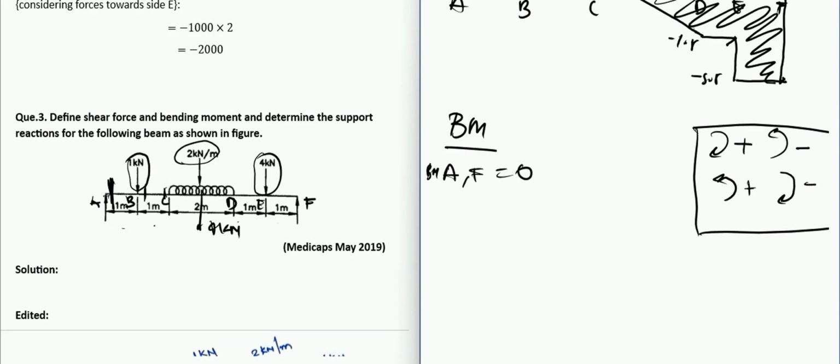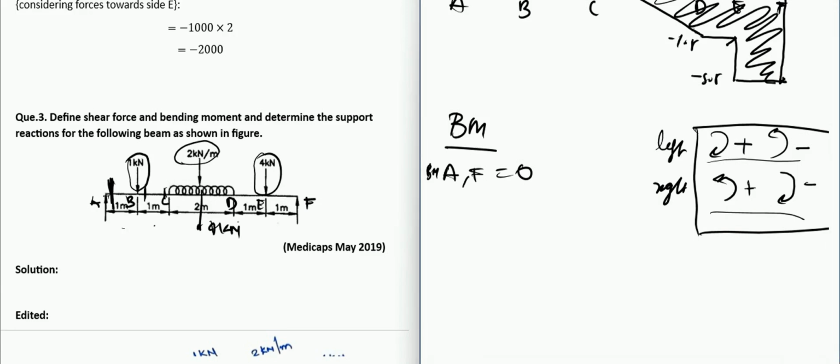Let us say I am calculating at E. I can consider forces on the left or on the right. There is only one force on the right, so it will be very easy for me to calculate on the right only. So sometimes it will be easy for you to calculate on the right also. You need to take into consideration both conditions, whether you are considering the left or the right of the cross section which you have made, or the point at which you are calculating.